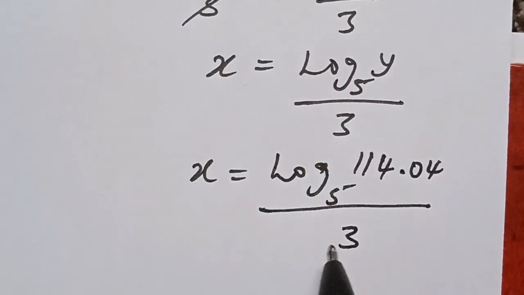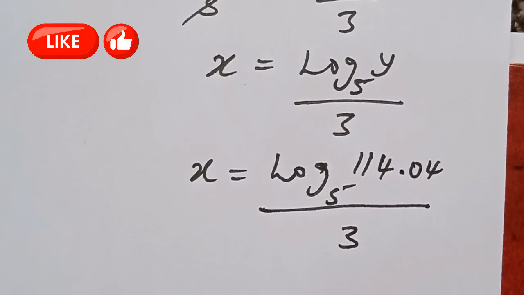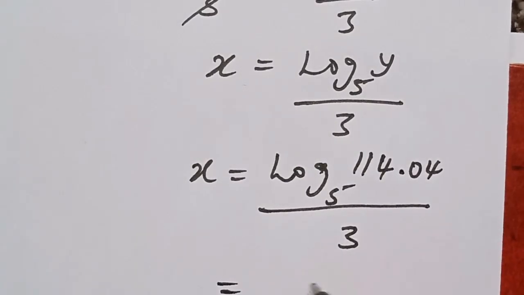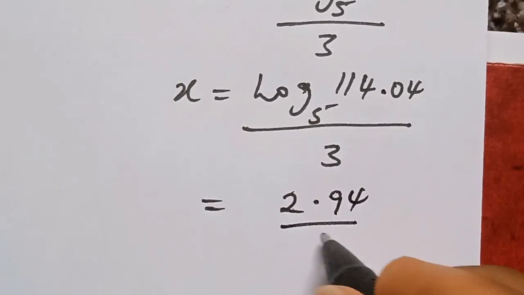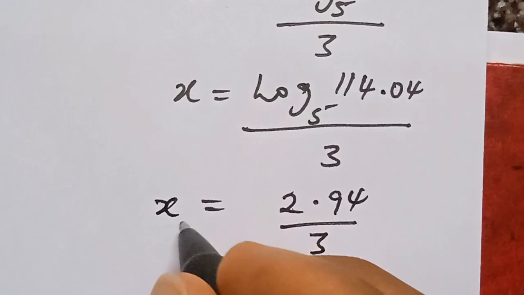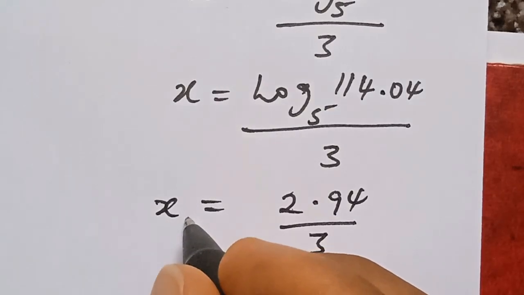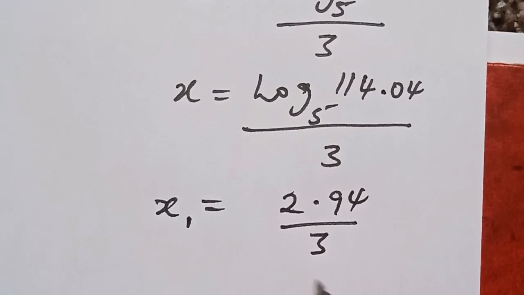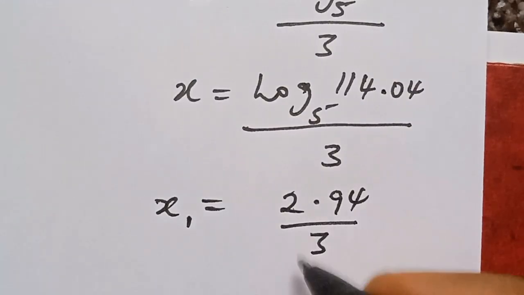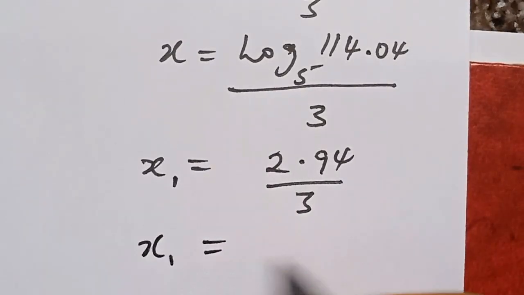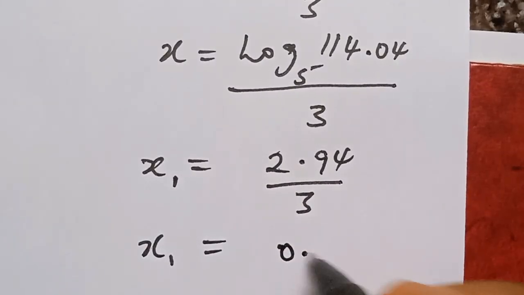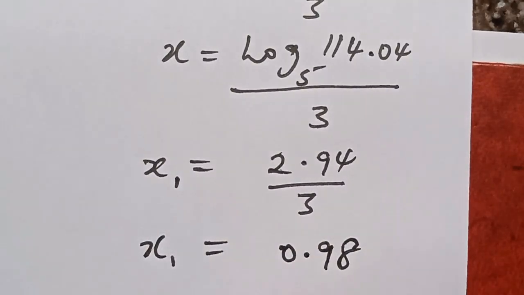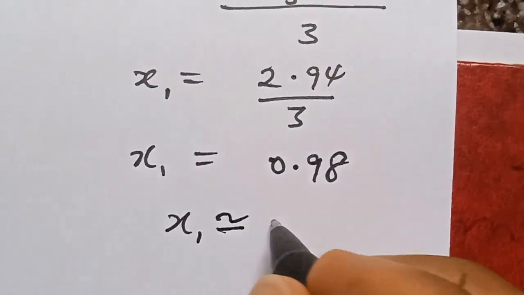If we resolve this with our calculator, the numerator can be expressed as 2.94 over 3 as the value of x. Mind you, this will be x1. If we divide this, we have x1 as an approximate answer of 0.98.